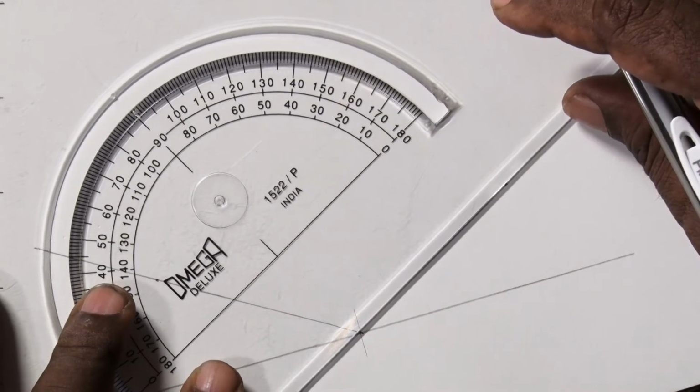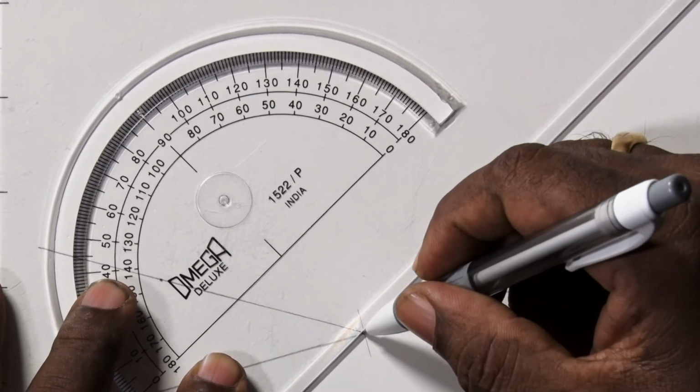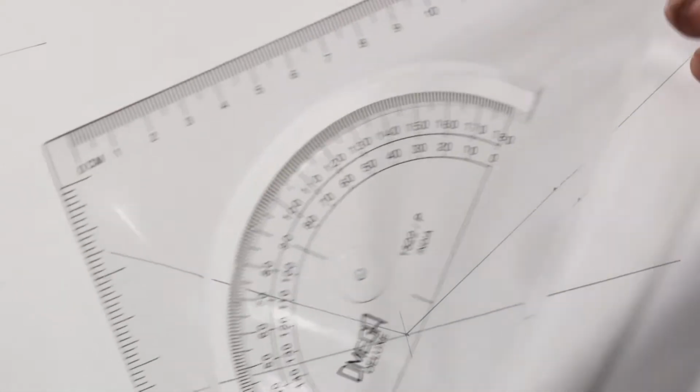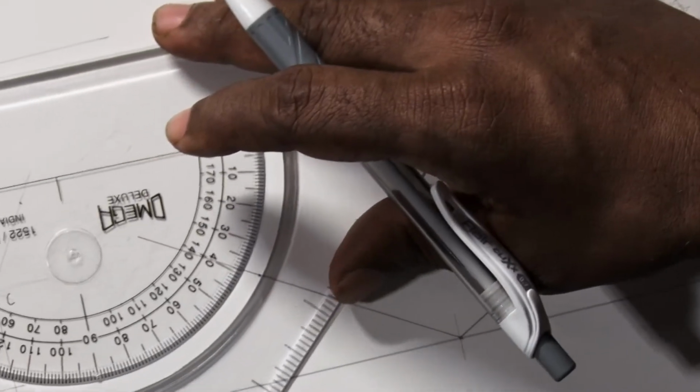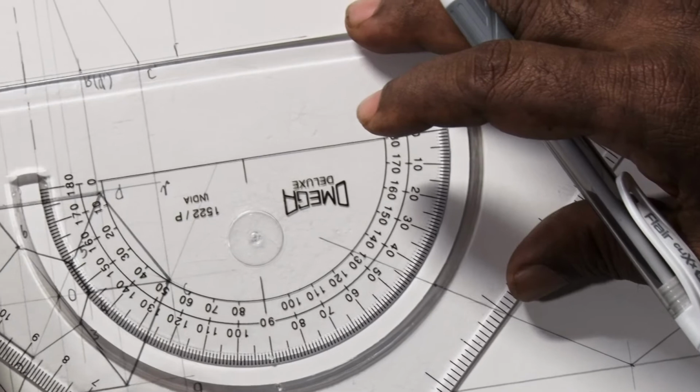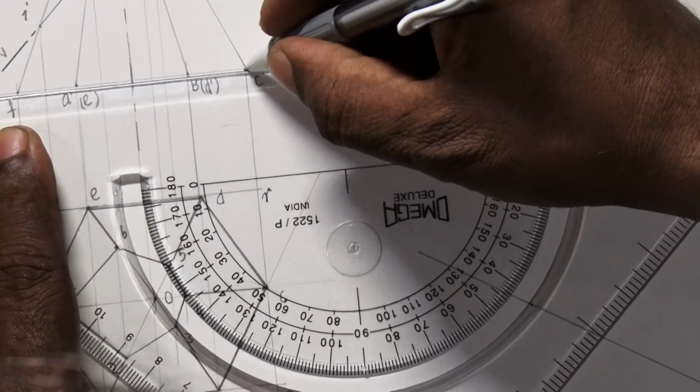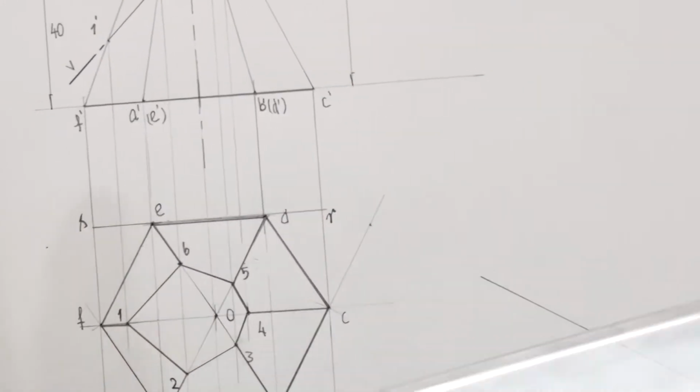Since we are practicing isometric view, we need not draw isometric scale. You have to draw isometric scale only when we draw the isometric projection. So we draw this is front view.